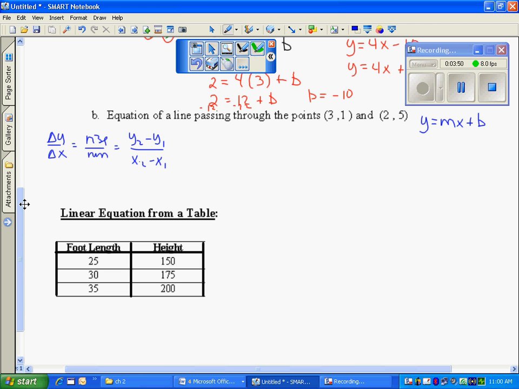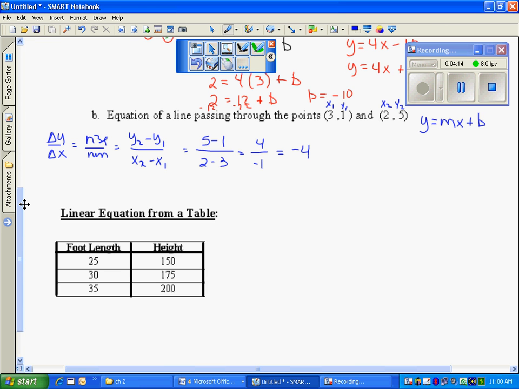So I'm just going to take these points in the order that they are. y2 minus y1, 5 minus 1, divided by x2 minus x1. 5 minus 1 is 4. 2 minus a negative 3 ends up creating a negative 1. Dividing that, my slope is a negative 4.